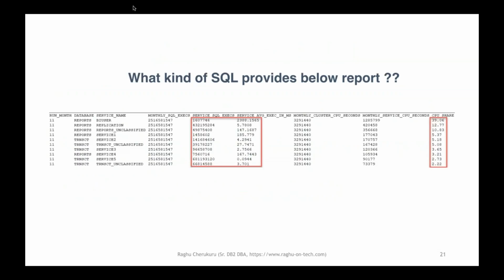So, for example, for the month of November, take a look at the third column from there. It's the service name, and how many SQL statements each service is executing, and what is the average time for each of the SQL executions in milliseconds, and what are the monthly service CPU seconds, and what is the share of the CPU for each of those services.